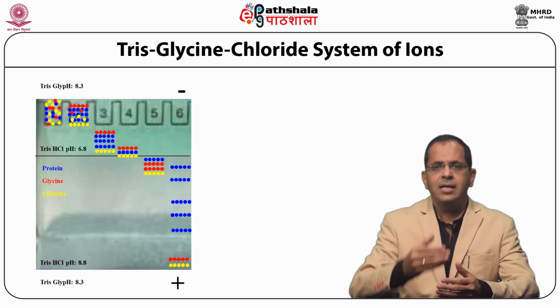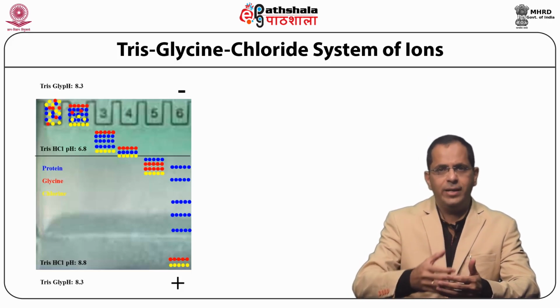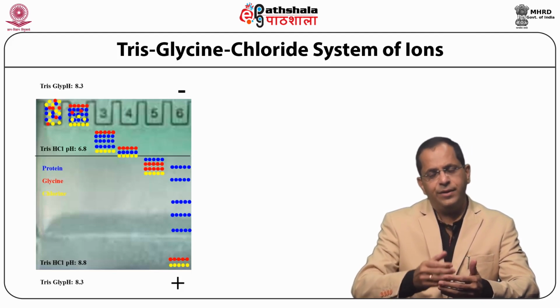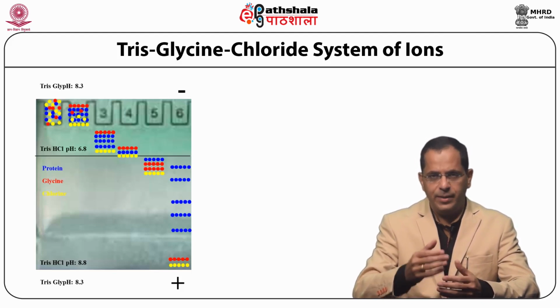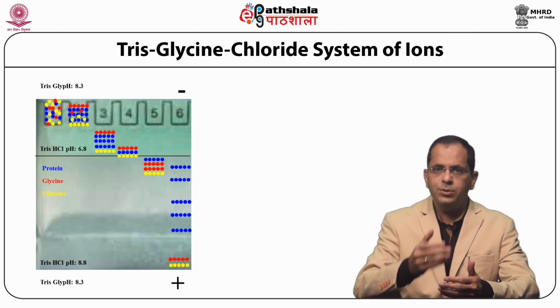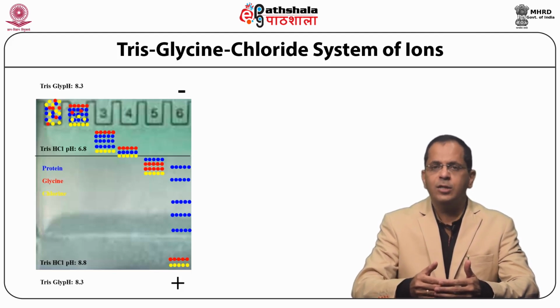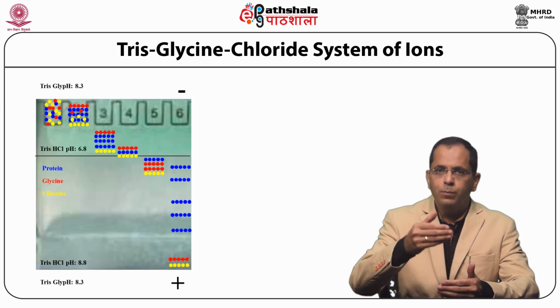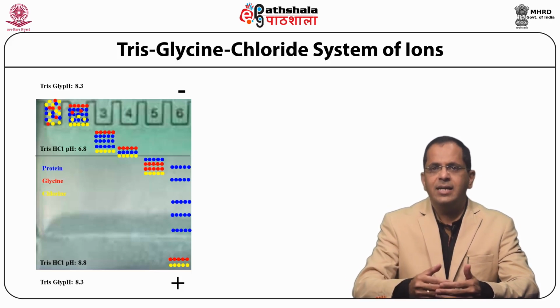When we mix the proteins with the loading dye, we have it as a mixture as shown in figure 1. But subsequently, you see in lane 2 that the chloride ions, being highly negatively charged, move forward to create an ionic front.